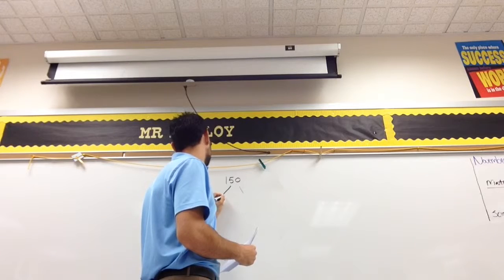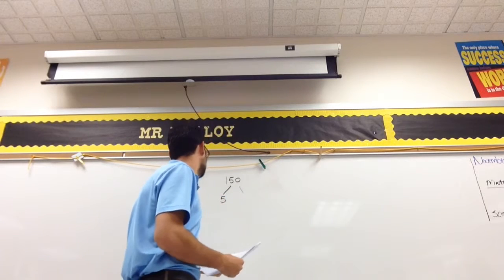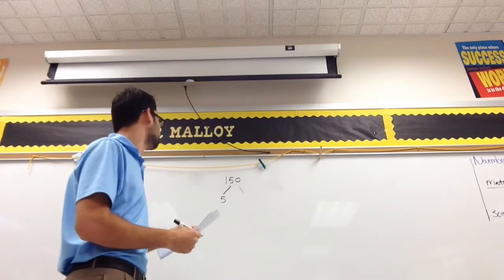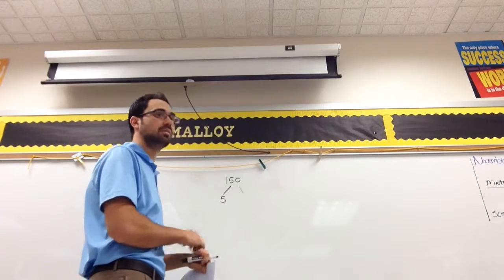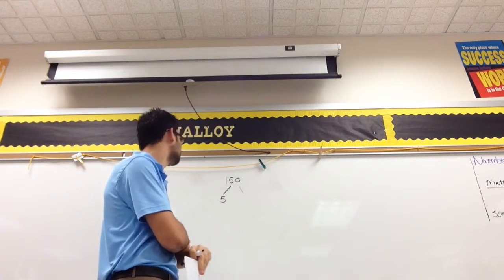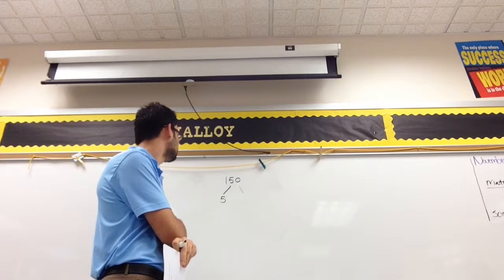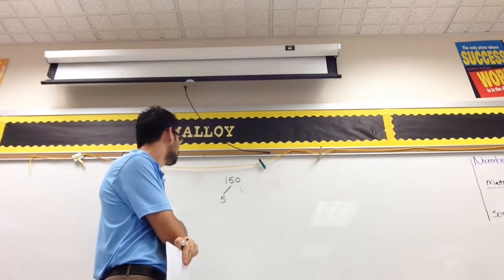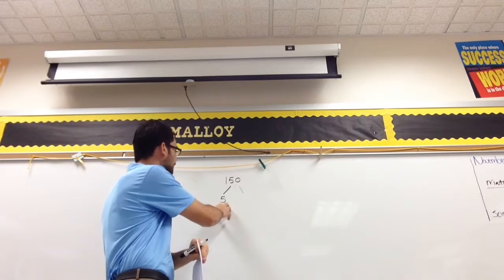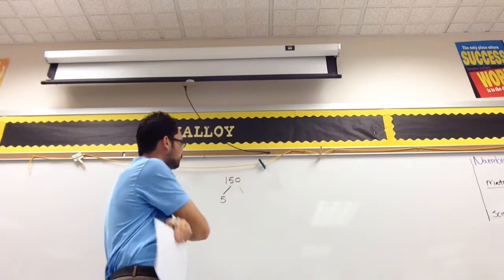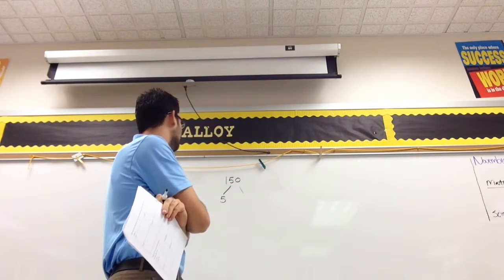I know that 5 will always be a factor of a number that ends with 0 or 5, and now I have to figure out 5 times what equals 150.